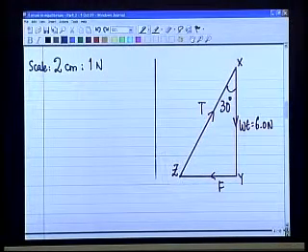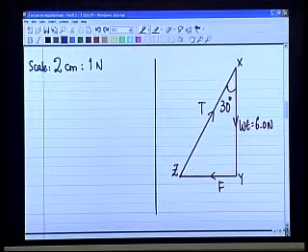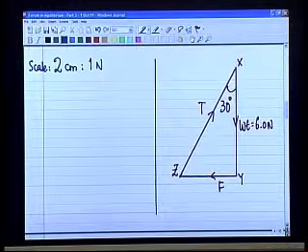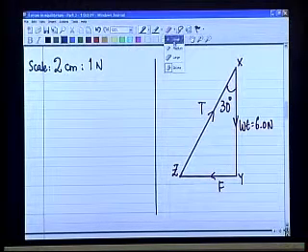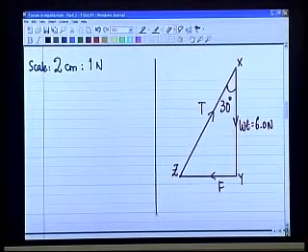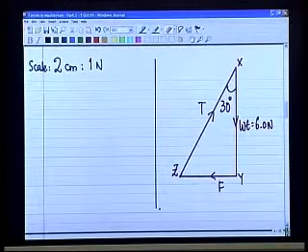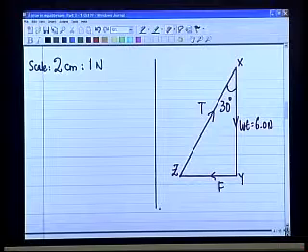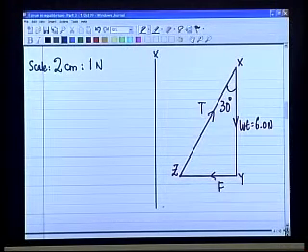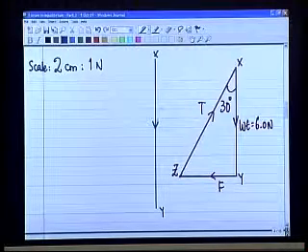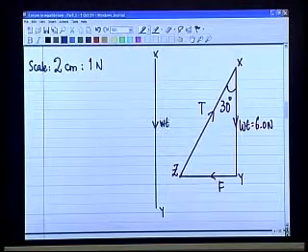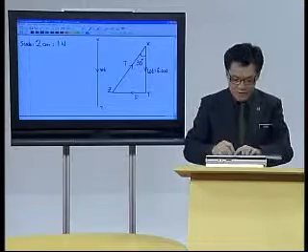You can do the same. 12 centimeters. I've overshot, so I use my eraser. Very good. So this is XY. This is the weight, represented by 12 centimeters.